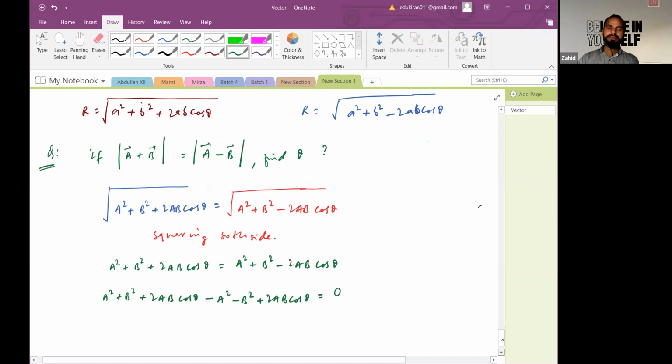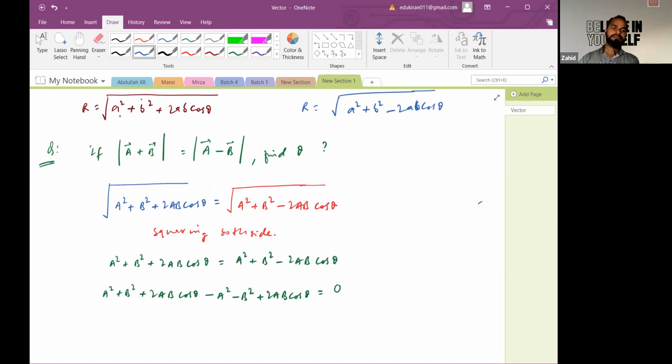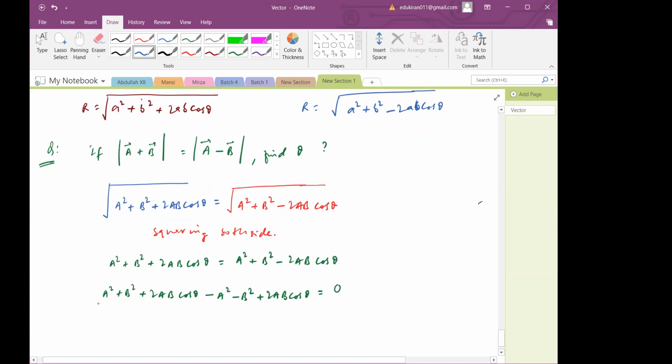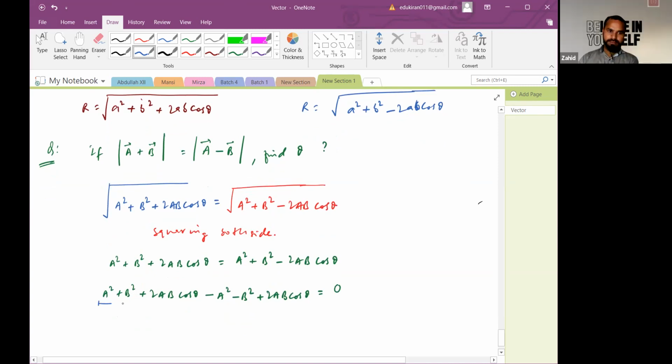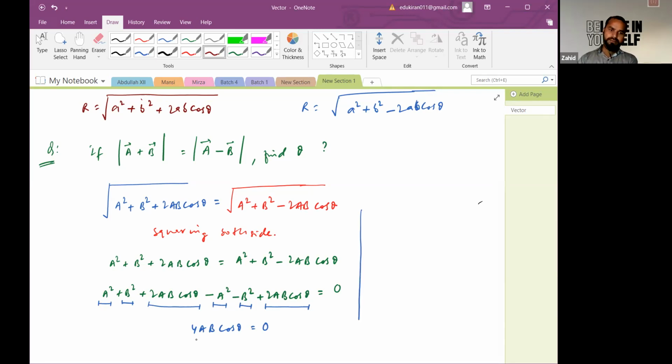Is it clear till this part? Yes, sir. Now this A square and B square will cancel out with this and this term. So you will get plus 2AB cos theta and plus 2AB cos theta. So it will be 4AB cos theta is equals to 0. Now in this whole part, 4AB can never be equals to 0.